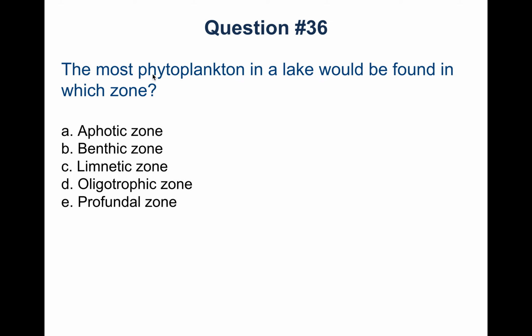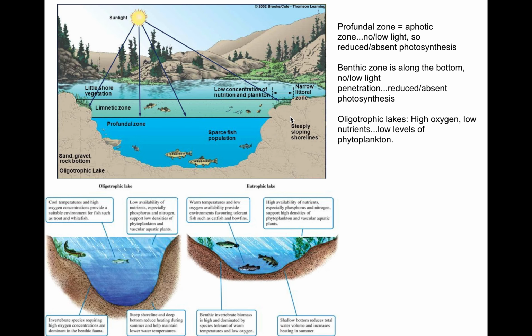These guys need light, and so the aphotic zone would not be a zone to find them in, because aphotic means no light, whereas the photic zone would get light penetration. So you're left with limnetic, oligotrophic, and profundal. Oligotrophic is not a zone. It's a type of lake depending on level of nutrients and oxygen. So you've got limnetic and profundal. So it is limnetic. So let's see.